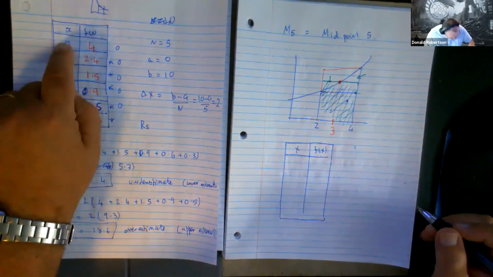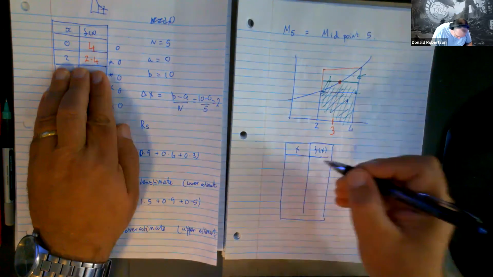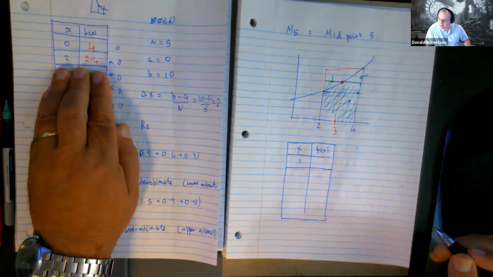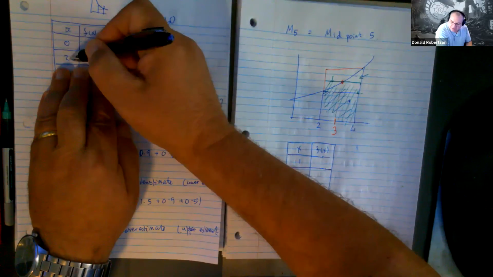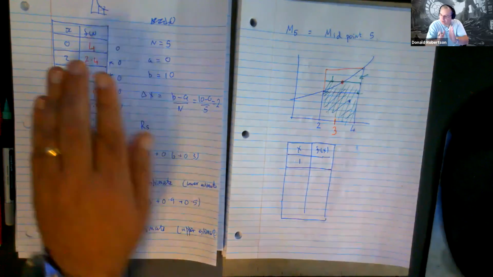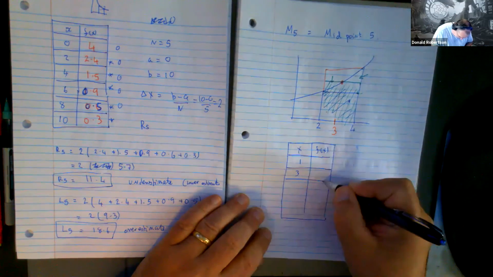So if this is 0 and this is 2, let's just look at the first 2 points. Can you see from that that the midpoint would have an x coordinate of 1? Are you happy about the first one? 0 to 2, the middle would be 1. Now, isn't delta x the same? The widths are going to be the same. So once I know the first one, don't I know all the others?